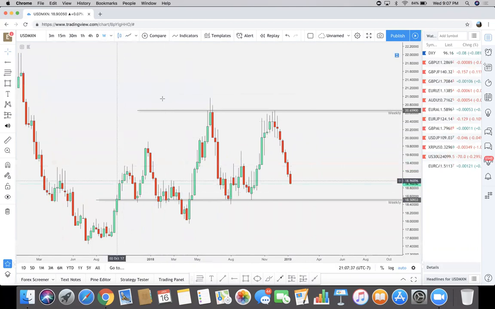Keep in mind, this is a lot of price data, but we can still use the same techniques to trade this.